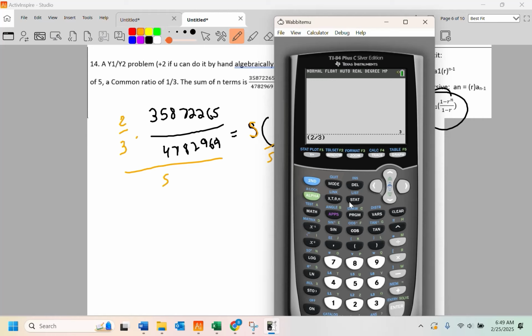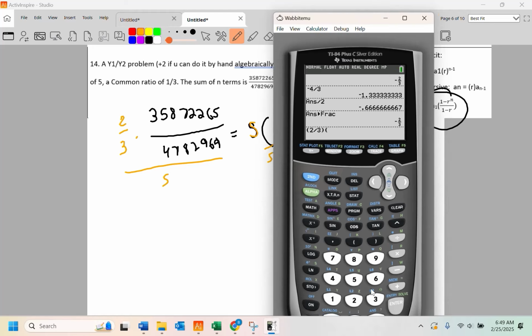You have 2/3 times 358.72265 divided by 4782969. And then that guy is turned around and divided by 5. I was afraid of that. The calculator couldn't keep the fraction perfect.